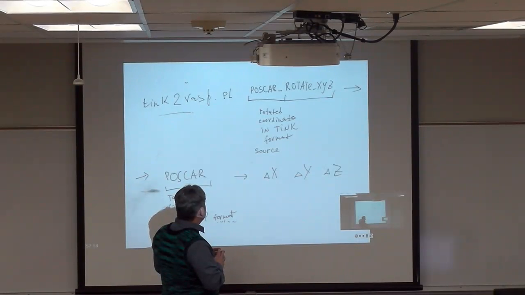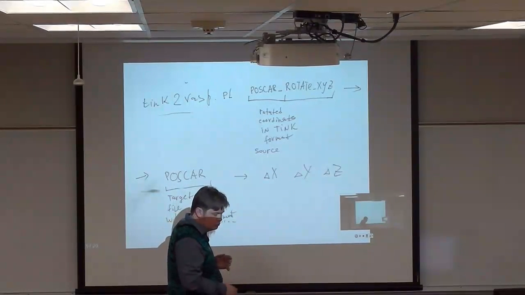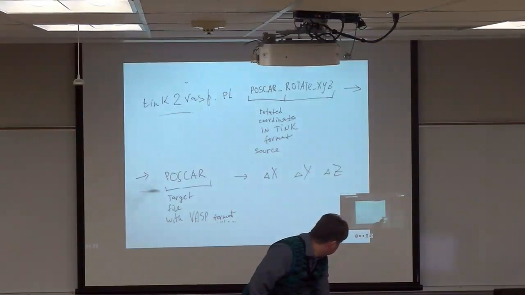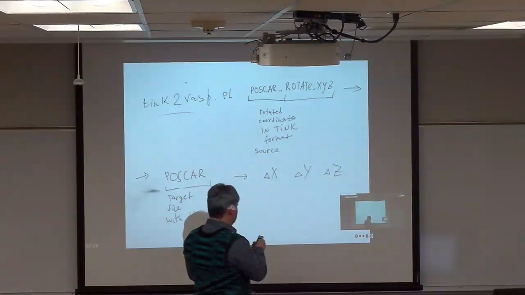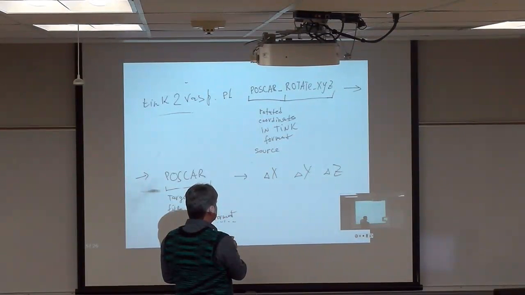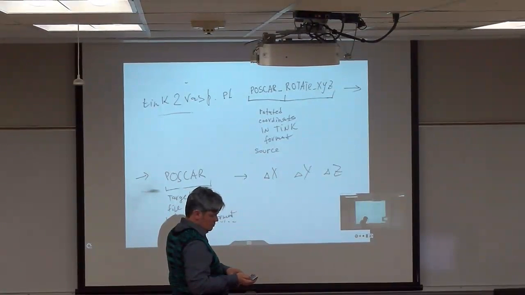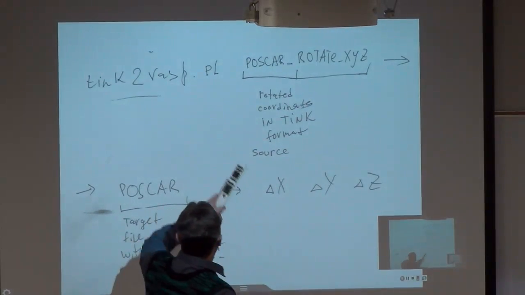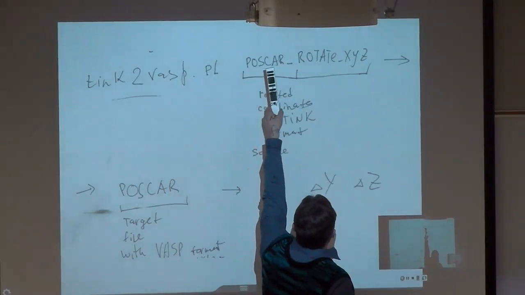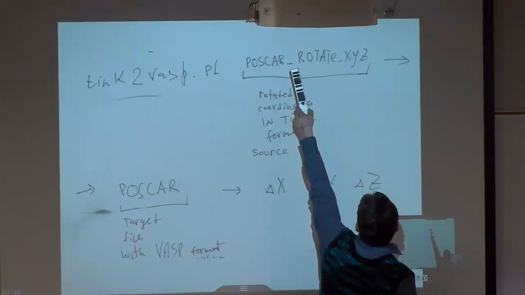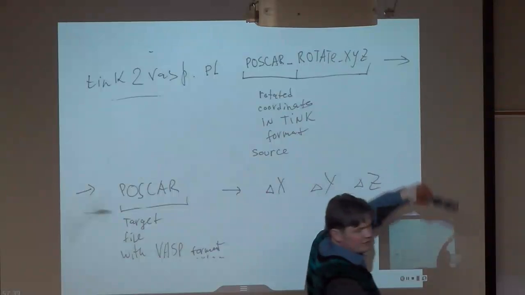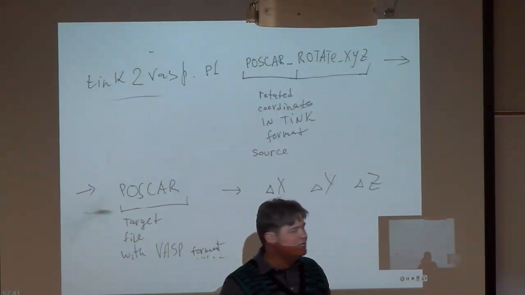For this Perl script, we need to put in several arguments. Space, then the file postcar underscore rotated, and then whatever is there, z, x, y, or x, y, z.